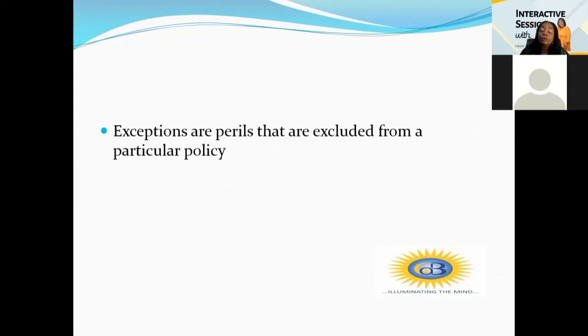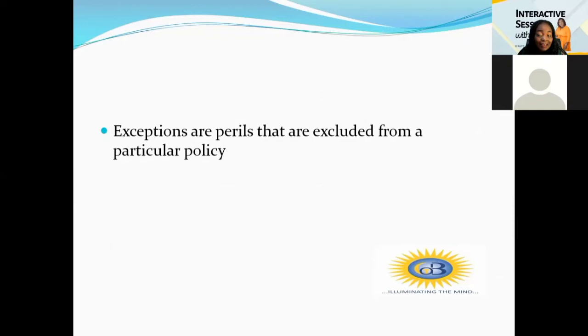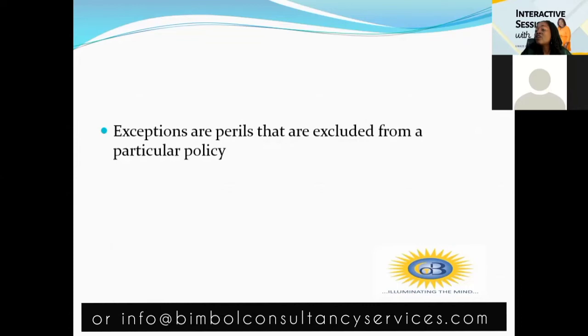Because there is a motor policy. So we will say that the car, the motor policy, is an exception in a fire policy of a building.